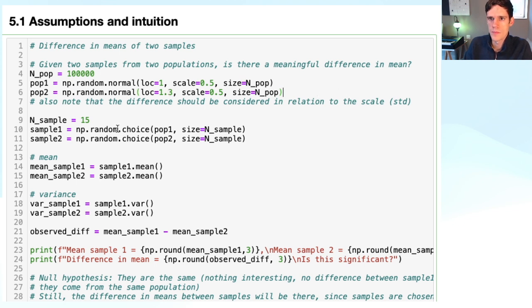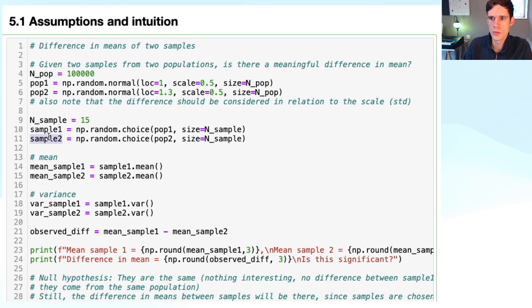The second step is then to generate samples from these populations. One sample for each population. Now the sample size, which is the number of data points for each sample, will be 15. Therefore, the same as always, we choose 15 data points from population 1 at random, and this generates our sample 1.